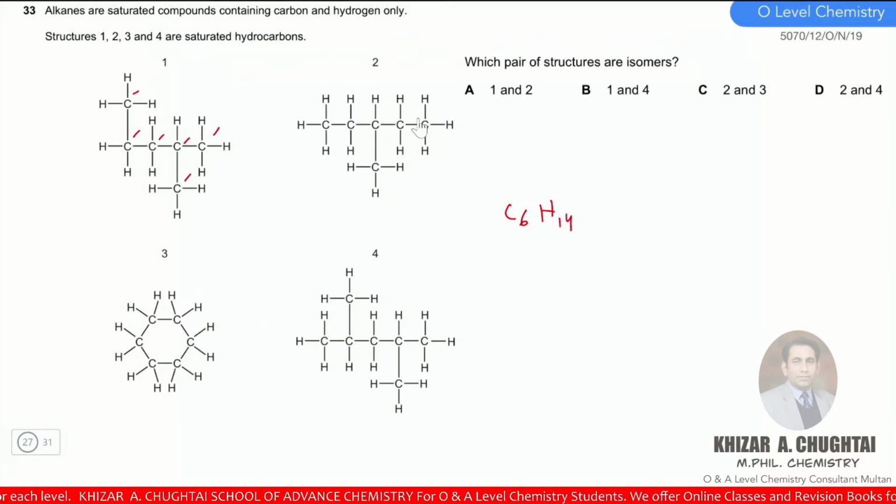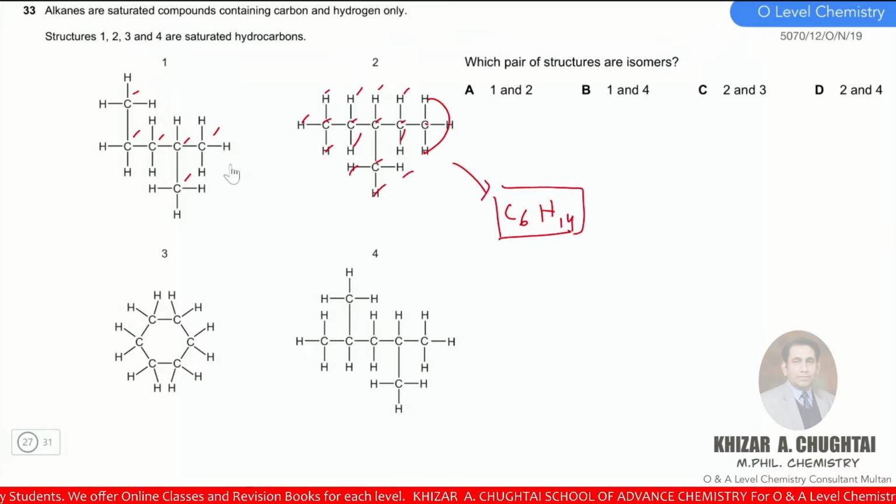What about 2? Again 6 carbons are there, and hydrogens: 14. So 1 and 2 have the same molecular formula, right? And the structure is different.